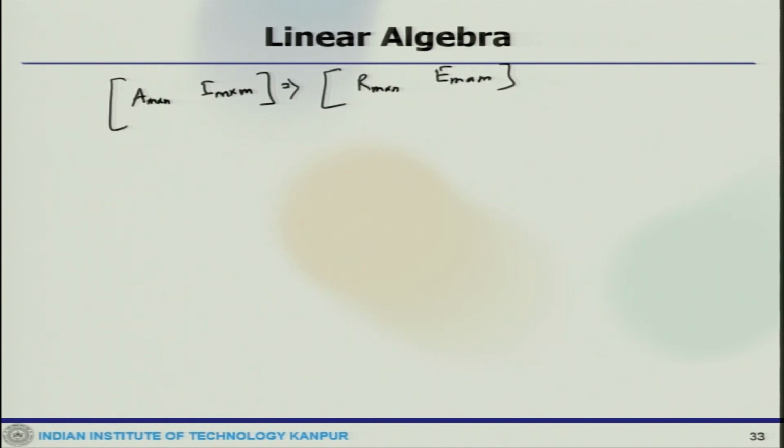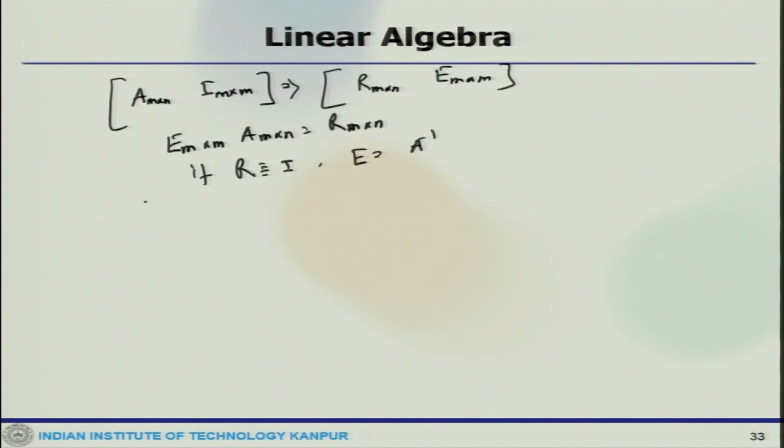Now here, E m into m times A m into n equals the reduced form of m into n. If R is I, then E is A inverse.